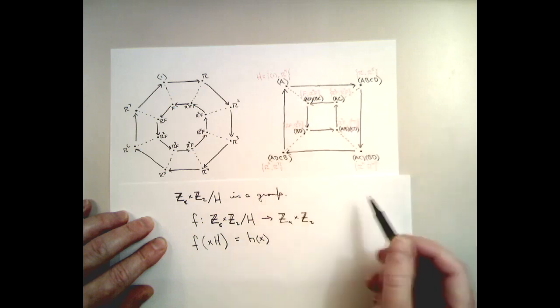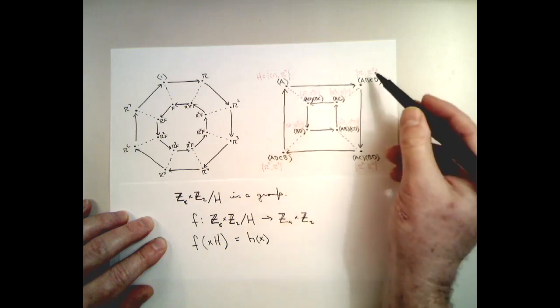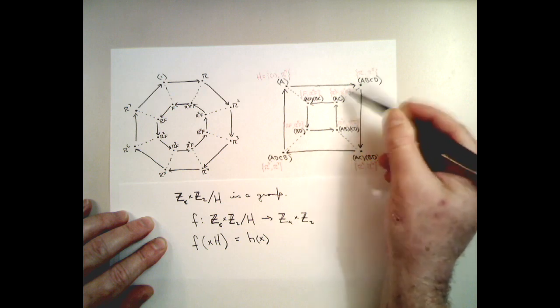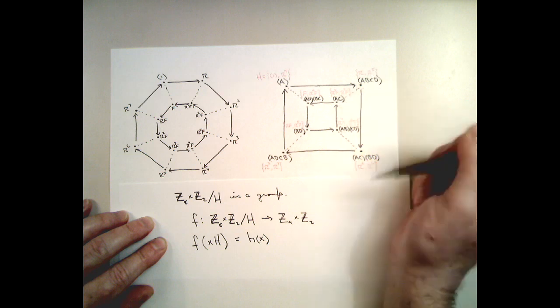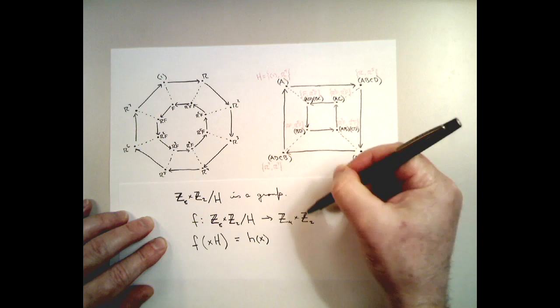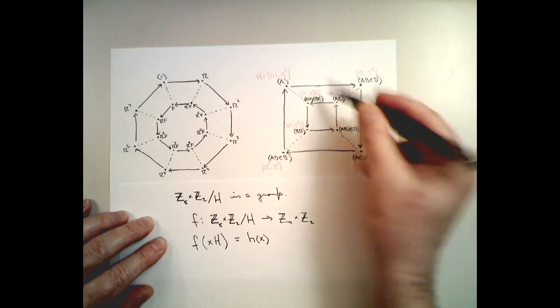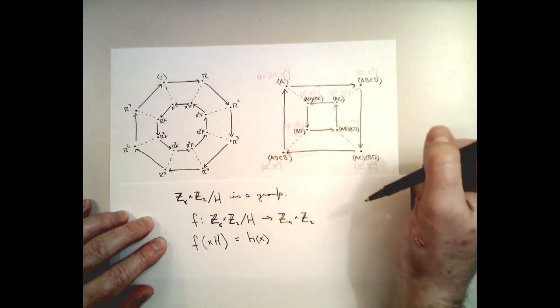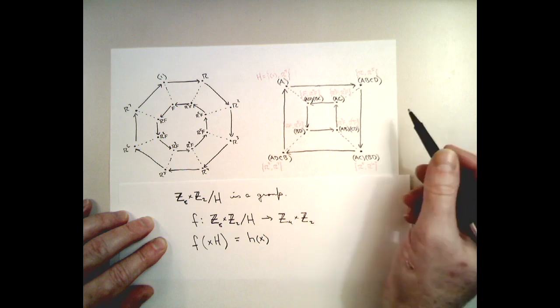I know this is an isomorphism. Why? Again, any two distinct elements of my factor group, my quotient group, go to distinct elements of Z4 cross Z2. So it's one-to-one. Every element of Z4 cross Z2 has something assigned to it, right? There's a coset that's mapping to it. And so this function is surjective. And the operation is preserved.